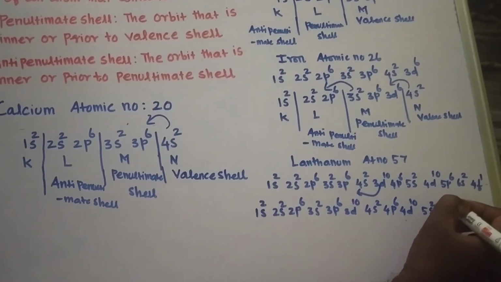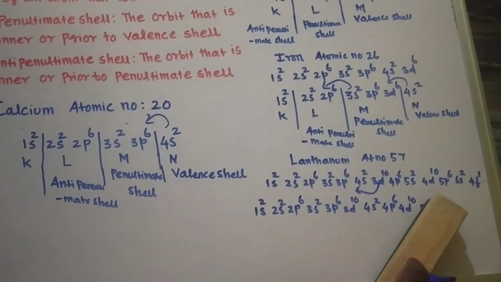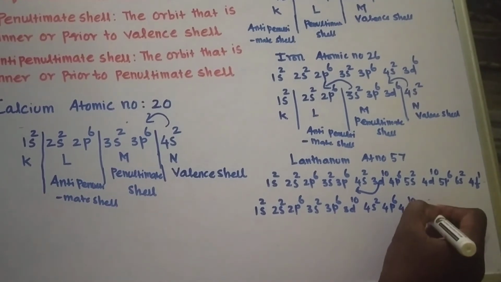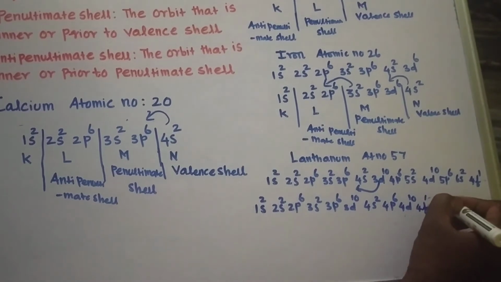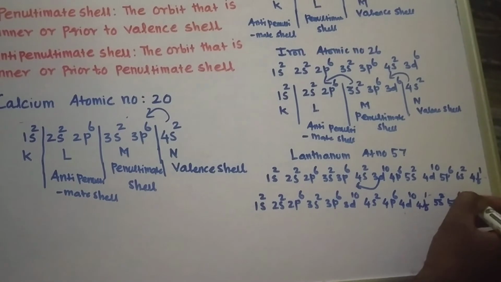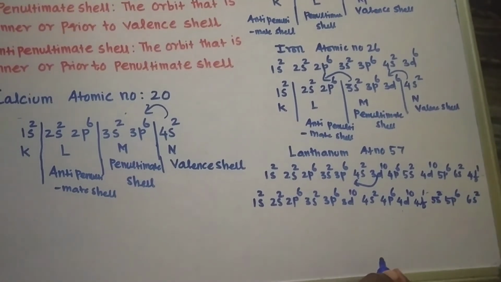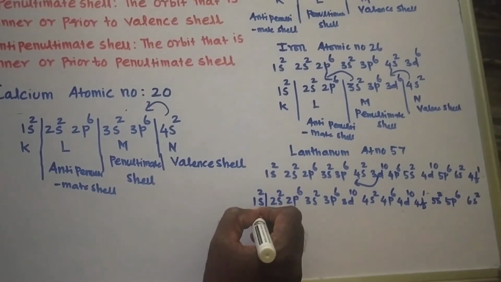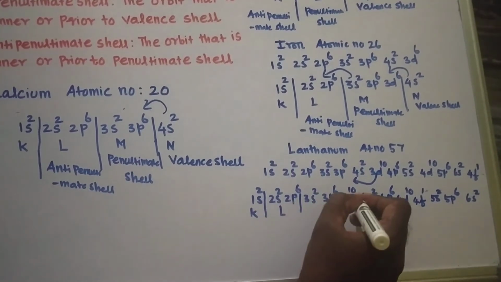Then also there is a 4f. Okay, we are going to take the 4f: 4f1, then 5s2, 5p6, then 6s2.